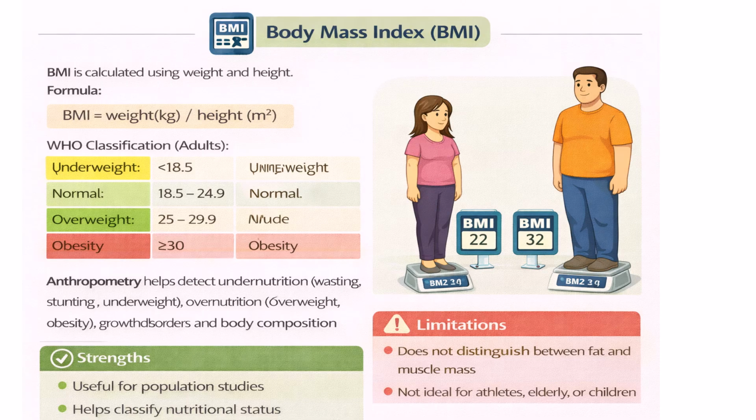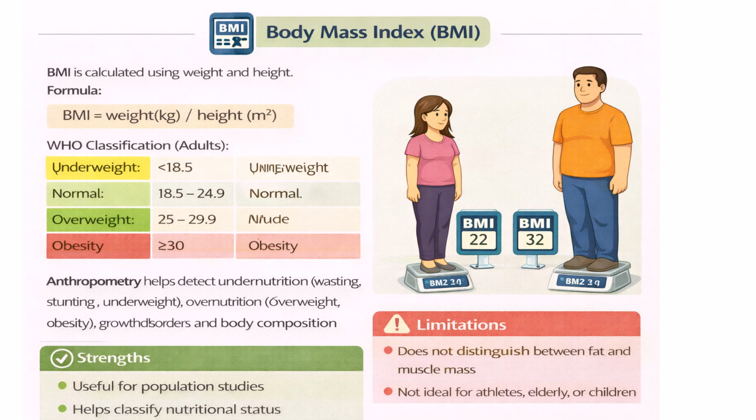Body mass index is one of the calculations used to measure anthropometric indices. Body mass index is also known as the BMI, and it's calculated using the weight and the height. The formula is the weight in kilogram divided by the square of the height in meter squared.